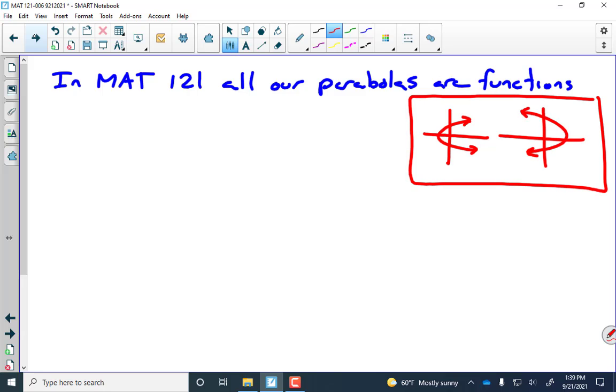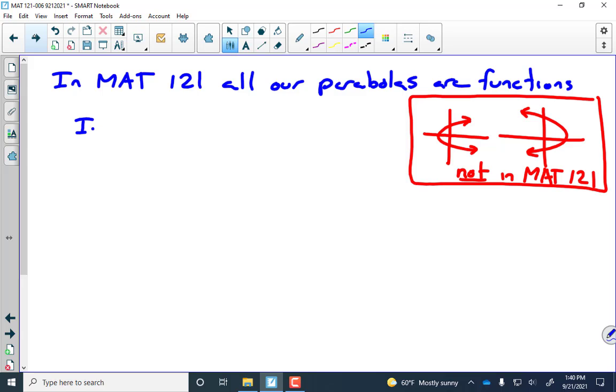And those can still be called parabolas. The reason we don't focus on those in this class is because those aren't functions. They fail the vertical line test. So while these are parabolas, we're not going to see them in this class, so you don't need to worry about those. But if you're talking to someone who's taking another math class and they're saying we're doing parabolas that open left and right, then you can know that those exist. We're just not going to cover them.